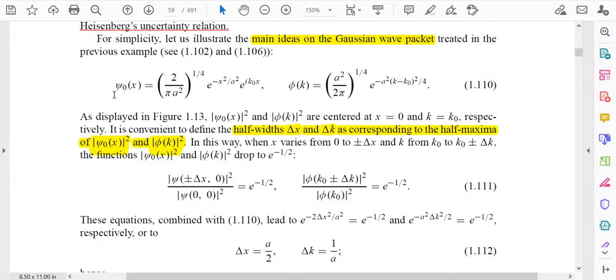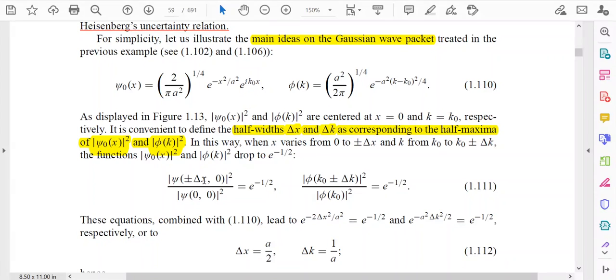At first we calculate the value of psi 0 x for x is equal to plus minus delta x. As there is x square here, the value for plus minus delta x will be the same, and we are taking the mod value, so the sign is not needed here.